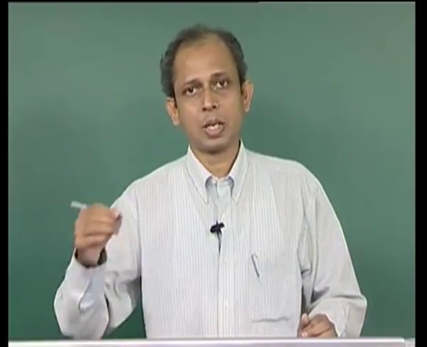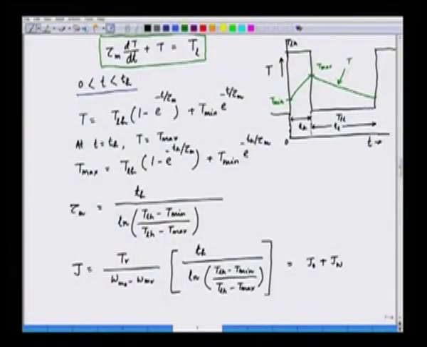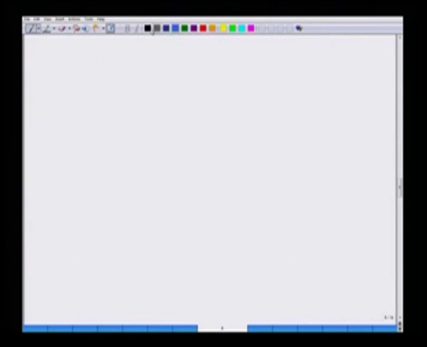The other part is when the low load is applied. Now, if we apply this low load, we have this part of the graph which is shown here for the low load. Now, for this part we can have a similar expression. We have the equation for T prime greater than 0 and less than TL.